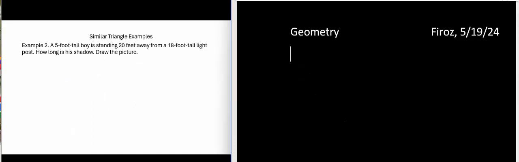So example 2. A 5-foot tall boy is standing 20 feet away from an 18-foot tall light post. How long is the shadow? We need to draw a picture. So first you can see that you have a light post here.